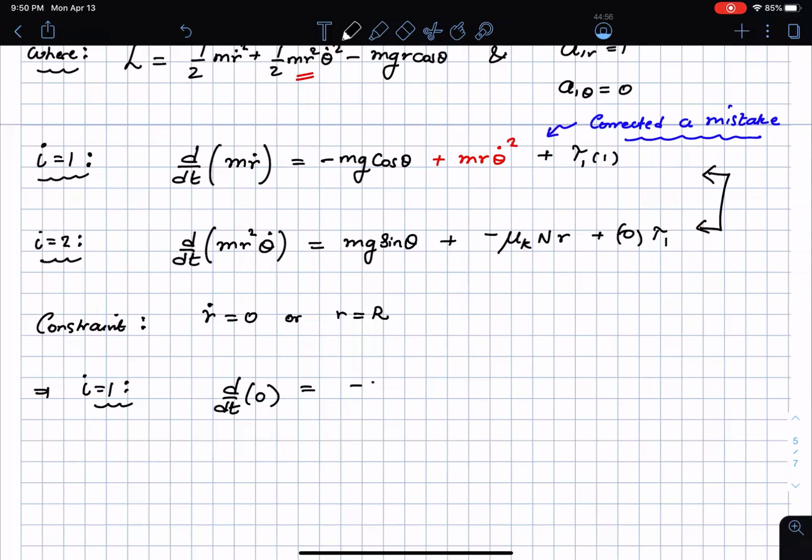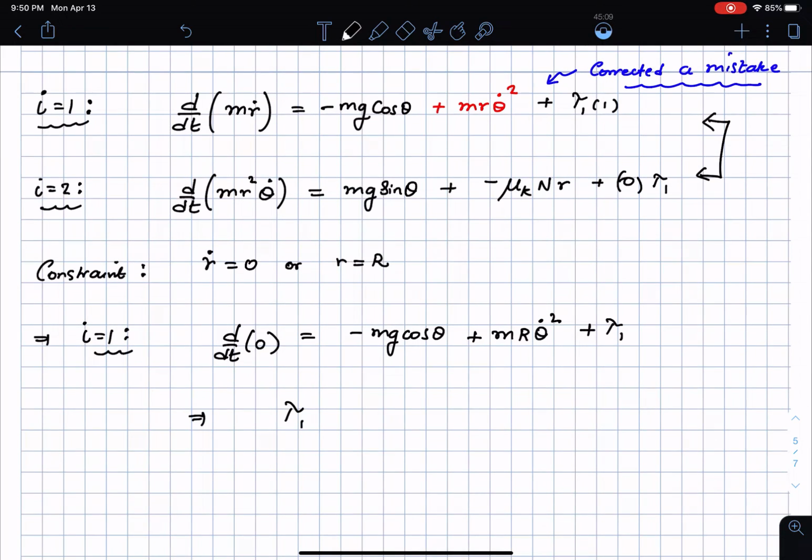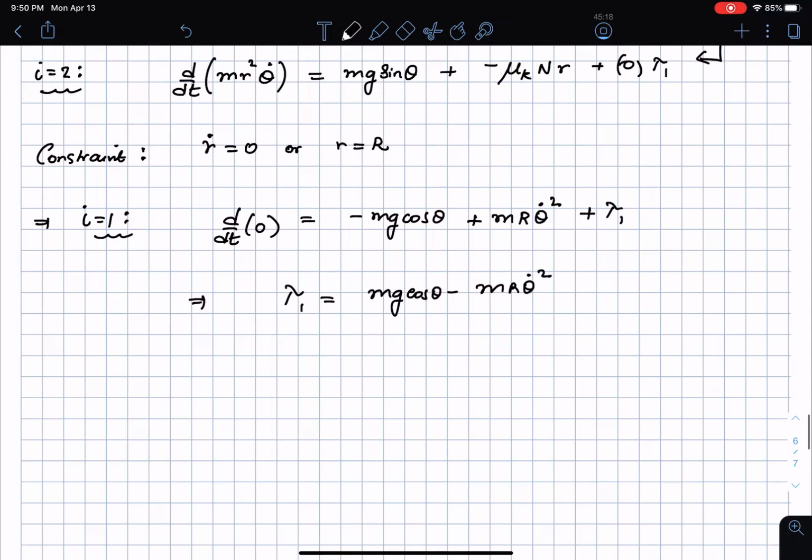That's going to be minus mg cos theta plus m r theta dot squared, where I have substituted for r as capital R, plus lambda 1, which essentially tells me that lambda 1 is going to be mg cos theta minus mR theta dot squared.